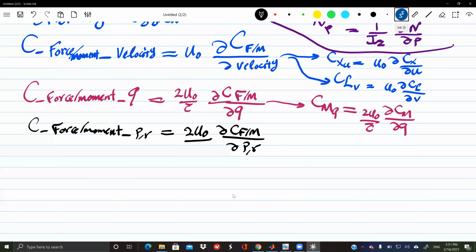And as you might expect, whenever we're talking about lateral rotations, roll or yaw, P or R, versus the pitch, the reference length becomes b, not c bar. That's it. So here, if we're talking about C_Lp, this is partial C_L partial p times 2U0 over little b.